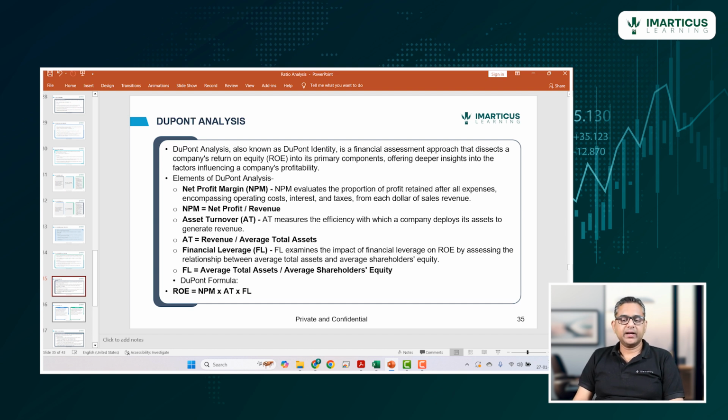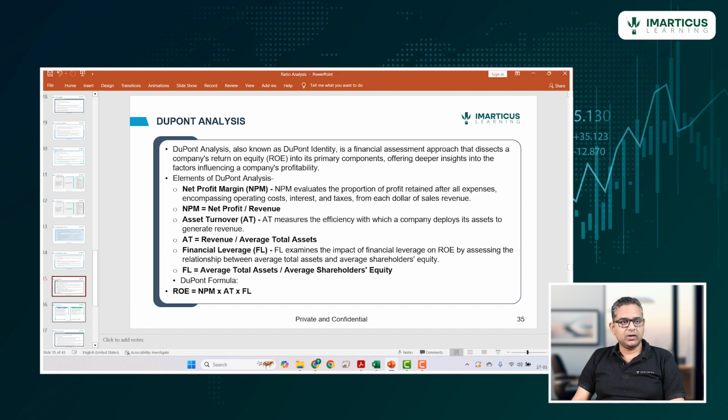Next, we have Dupont analysis. So this is further analysis of ROE, right? What we do here is we break down ROE into different components to figure out what drives ROE.